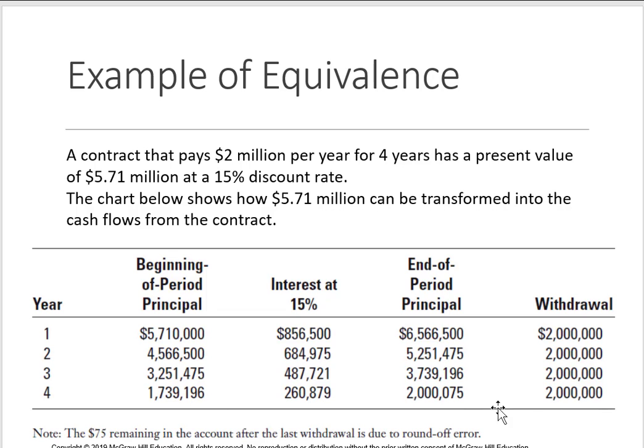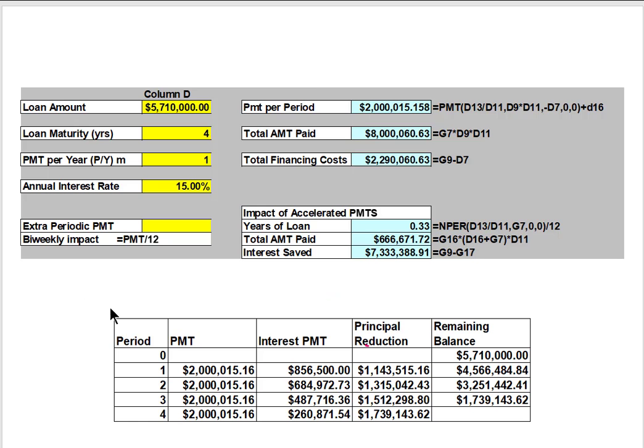This is really an example of a loan. So let's think about how this would work if it was a loan. There is a worksheet that I provide people that does what we refer to as loan analysis. But really, you just need 4 boxes. You need the loan amount, the maturity in years, payments per year, and the annual interest rate.